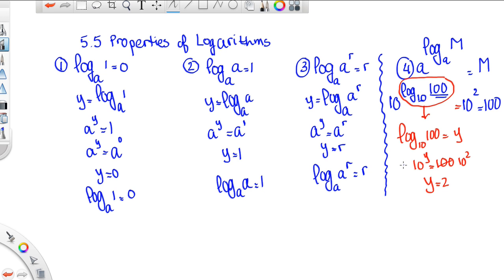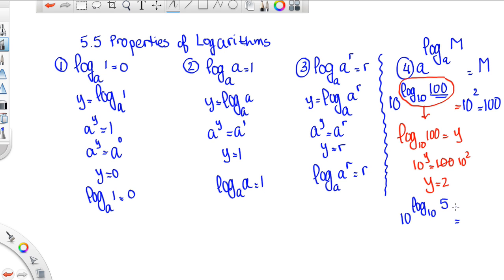But we should be able to use this rule now from here on out, even if we don't know what values they would be. So for example, what I'm trying to say is this. As long as these bases match, if this is a 5, I still should know the answer to this, because in essence it's asking you a question. What exponent do you need to shove on 10 to make it worth 5?